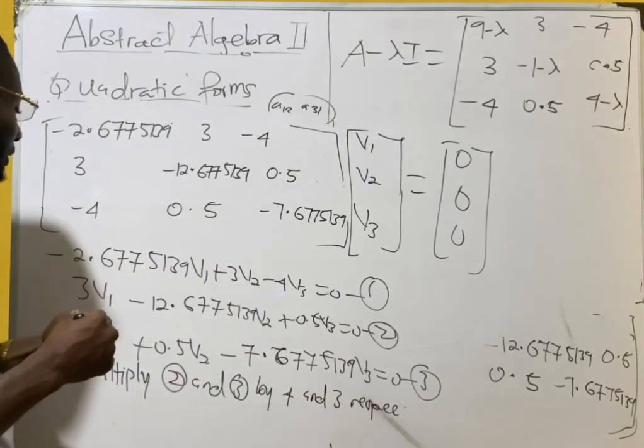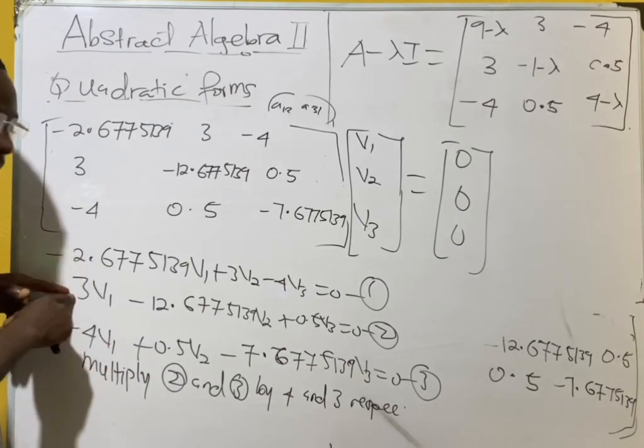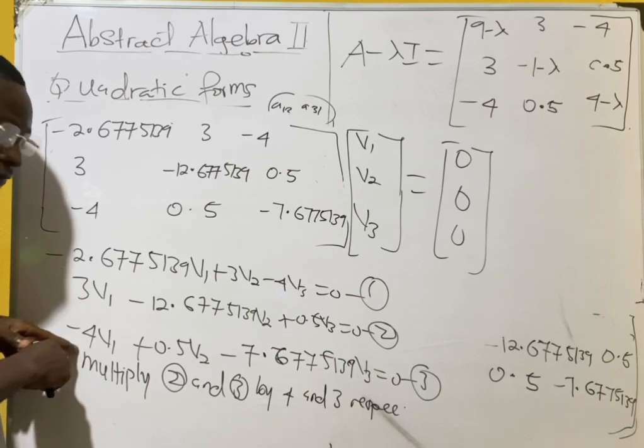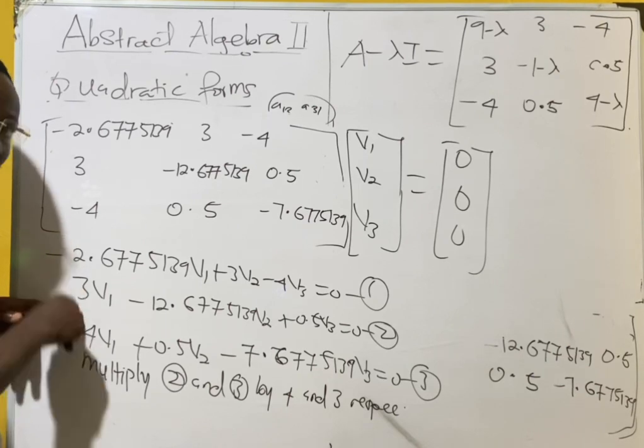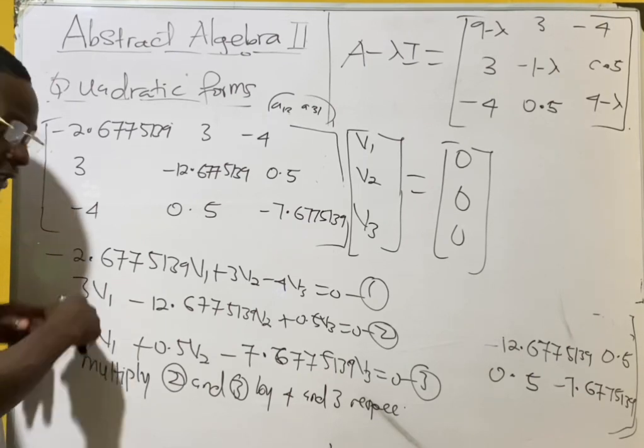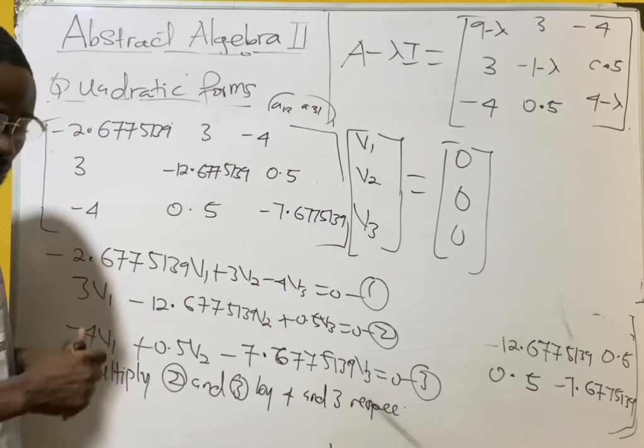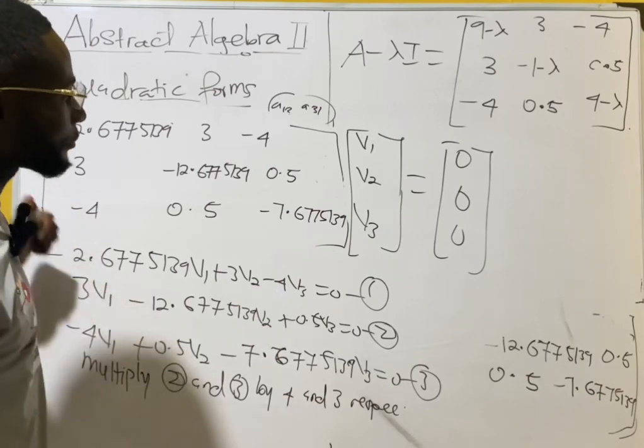So when we do that, we're going to multiply here by 4, and 3 by 4 is 12. When you multiply negative 4 by 3, you're going to get minus 12. So when we add this, we're going to get 0. So the V1 will go off. So that is the elimination method.